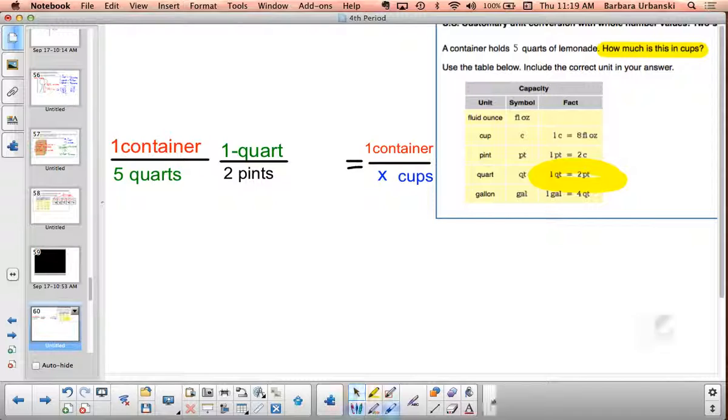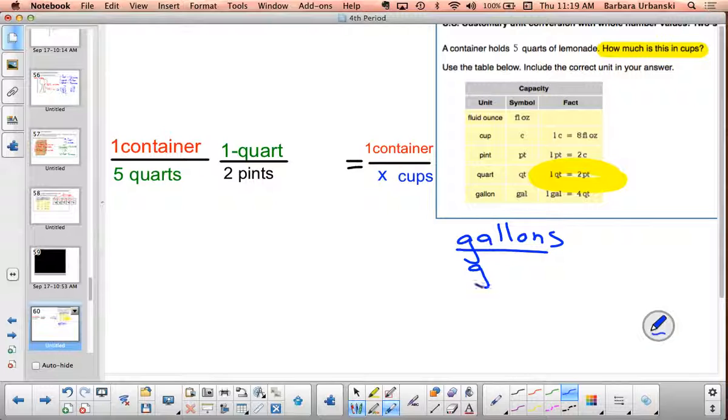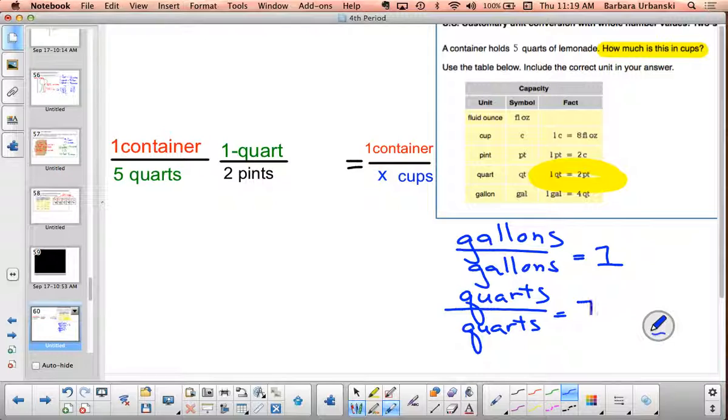Why did I do that? Because just like I had said earlier, if I said that gallons over gallons would simplify to 1, quarts over quarts would also simplify to 1.